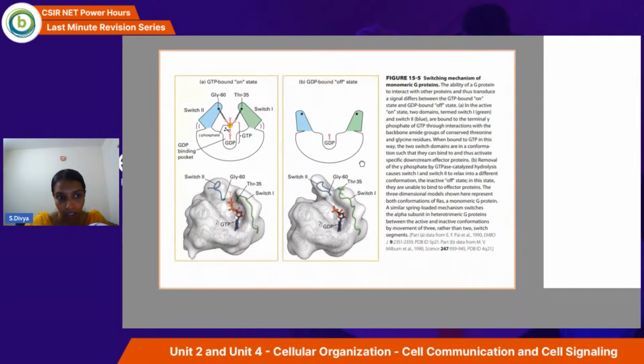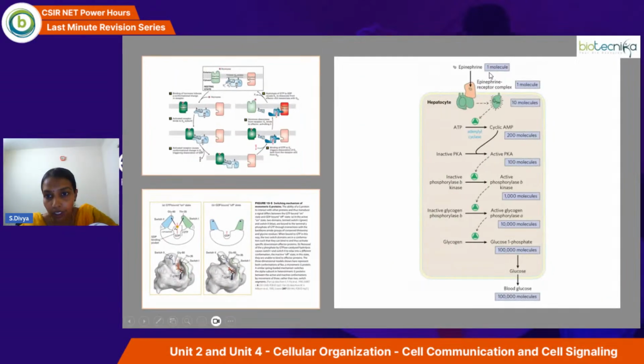Second, the G protein is active when it is bound with GTP, and the terminal phosphate is bound with glycine and threonine. The G protein is inactive if the terminal phosphate is degraded, and that is the GDP bound form. Okay, so this is your pathway, the same thing I explained over here.